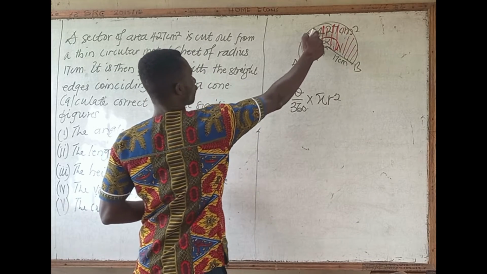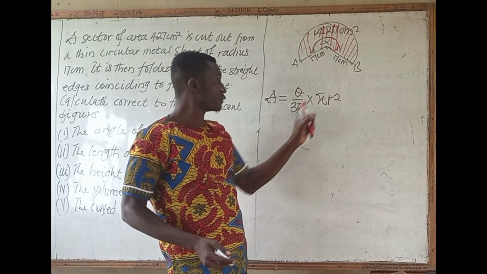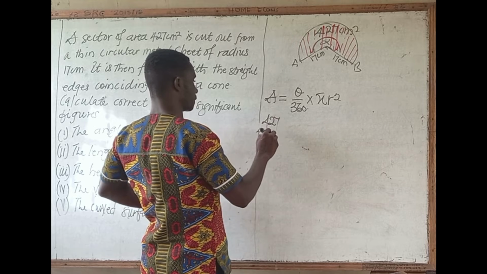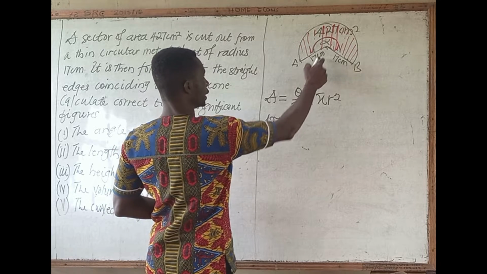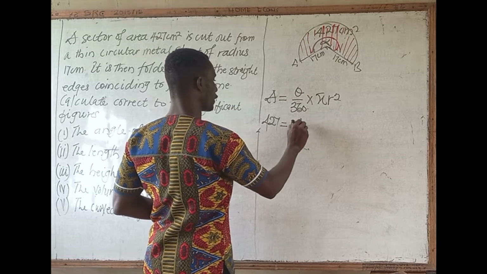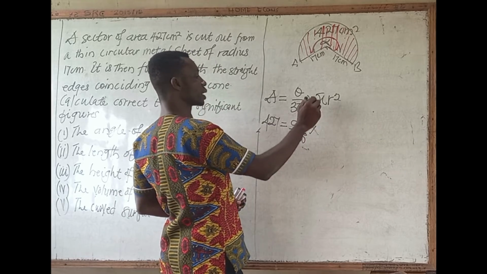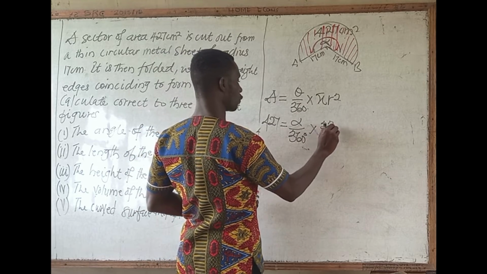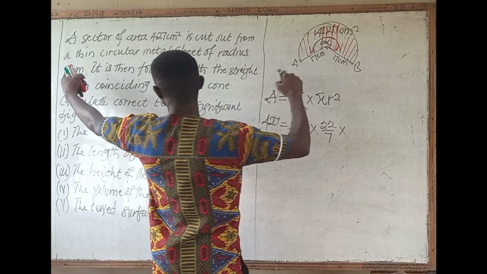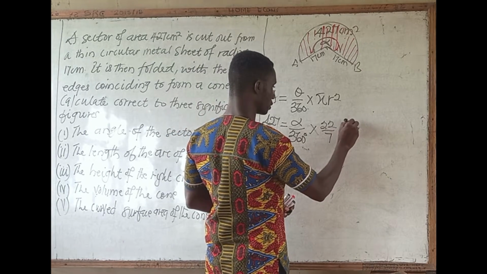So the area, 427, has been given to us already, so we substitute 427 into the formula. So 427 is equal to alpha over 360 degrees times pi. Pi is not given, so we pick 22 over 7, times the radius. The radius is 17 centimeters given in the question, so it is 17 squared.